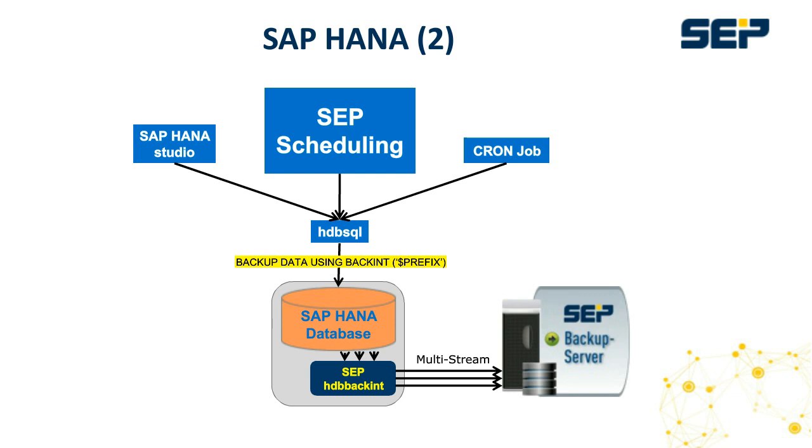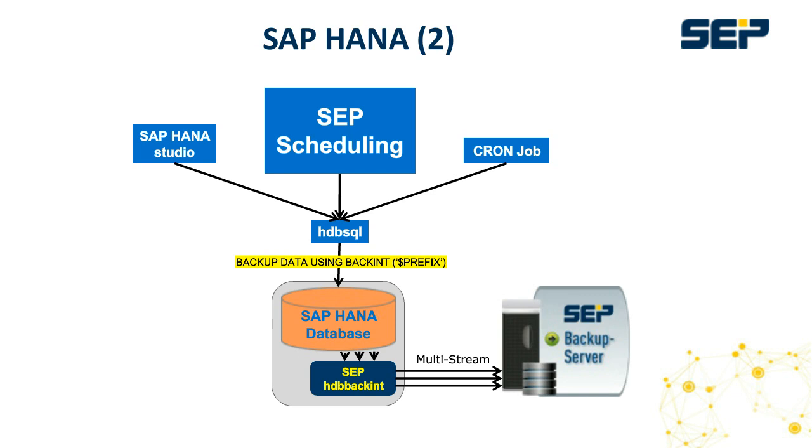This is very important. That means we don't have a staging on the HANA system itself. The data is directly transported off the system, so you don't lose any disk space on the system or have copies lying on the system.